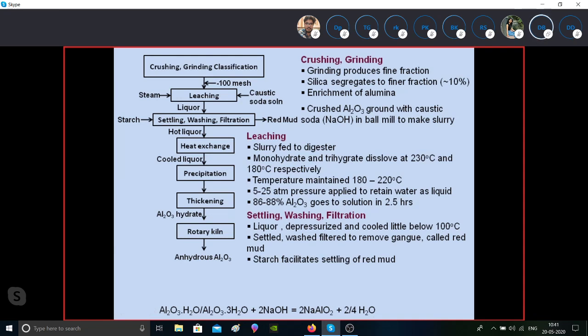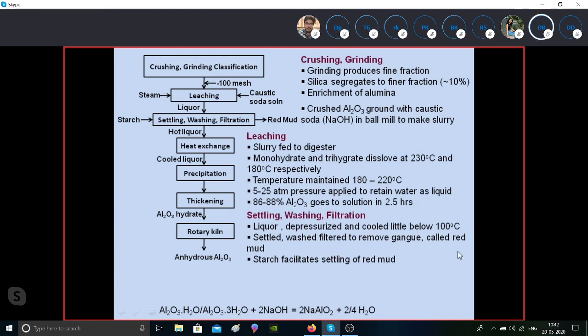Then this entire mixture containing my solution and all the impurities is put into a settling tank where the undissolved part of the impurities settles down, and then we wash and filter to remove it again.